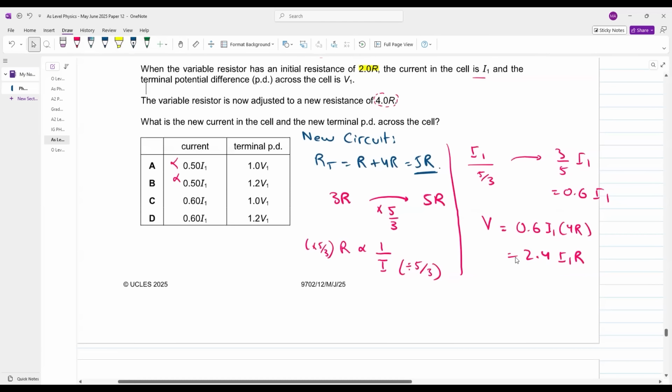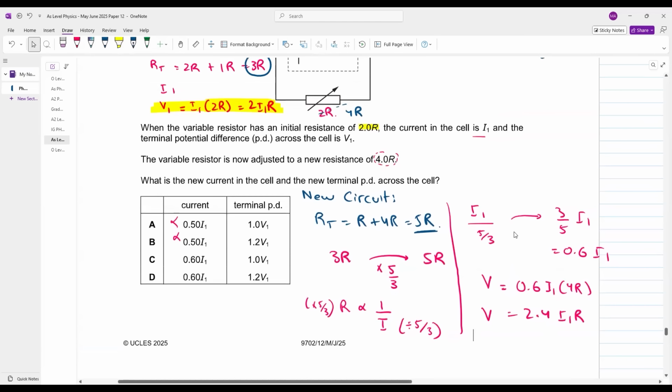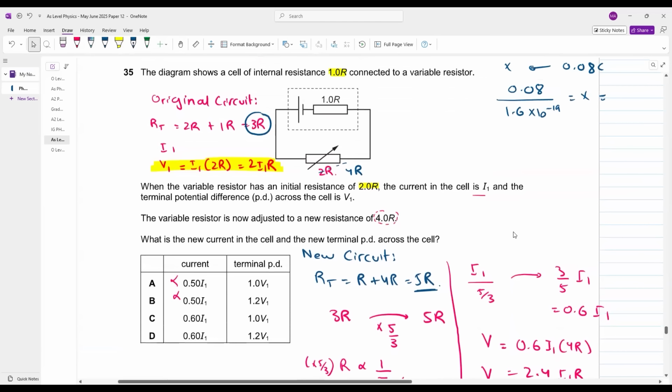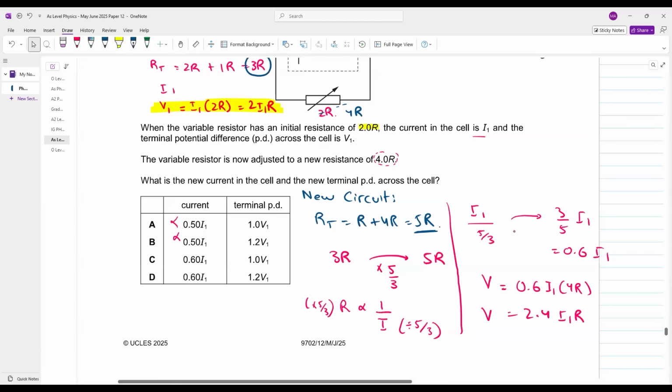Can I substitute this somehow? Can I substitute I1 R somehow here? Yes, I can do that. How will we do it? Think a little: how will I1 R be substituted here? If you realize, initially V1 was equal to 2I1R.